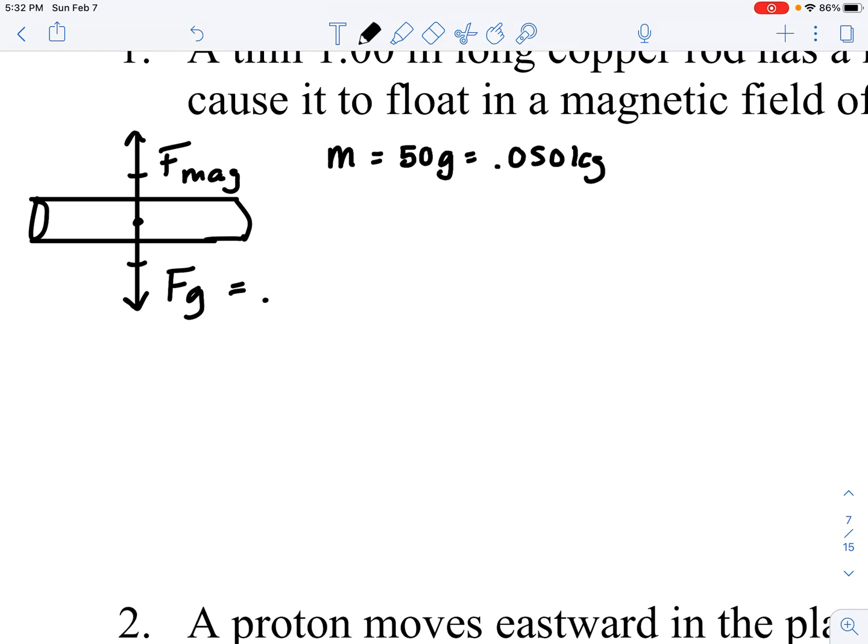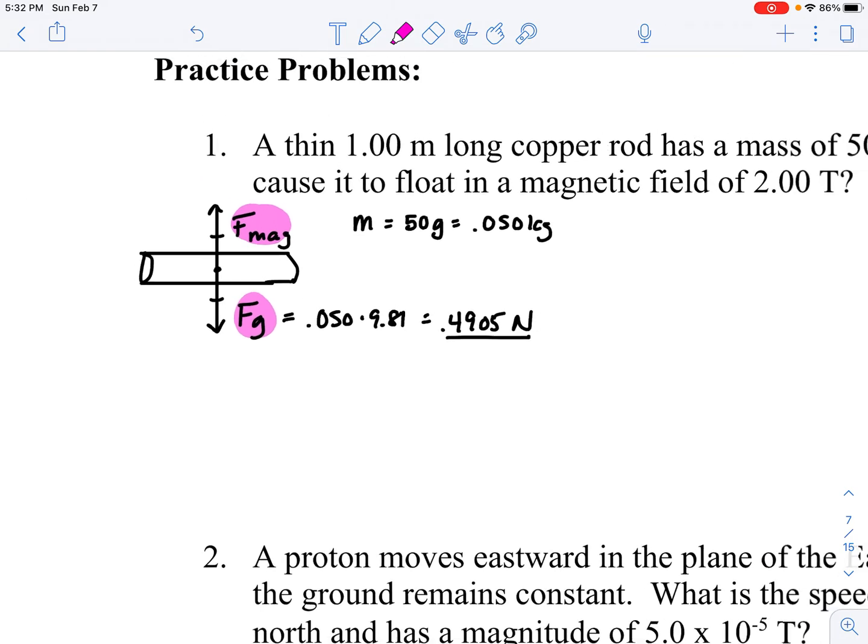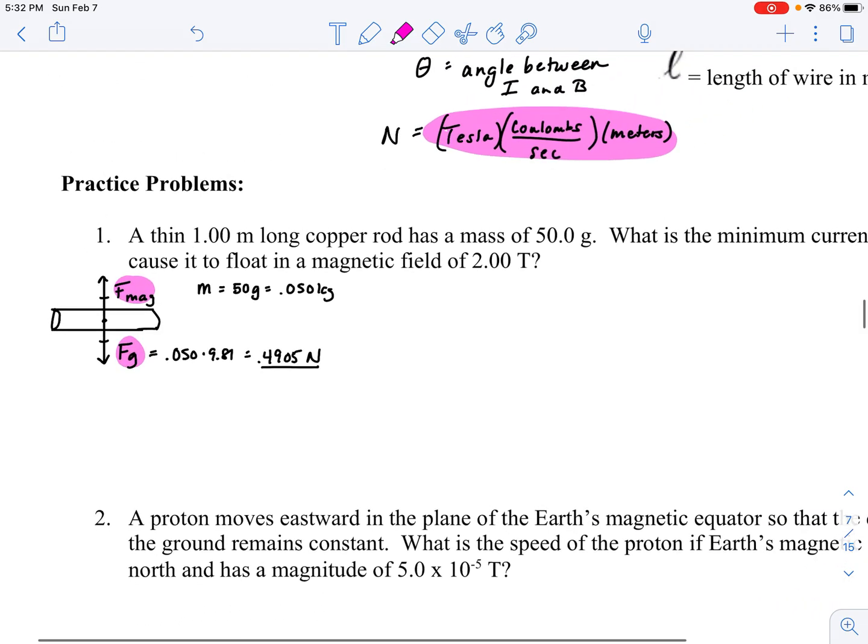I should say that Fg equals 0.050 times 9.81, which is 0.4905 newtons. Both the Fg and the magnetic force are equal and opposite, and I've got the value there.